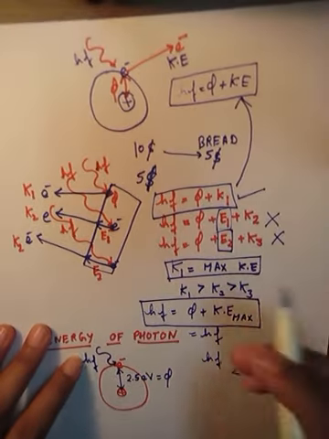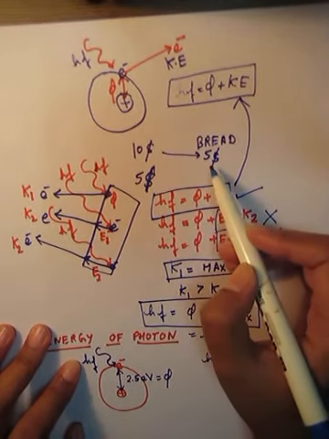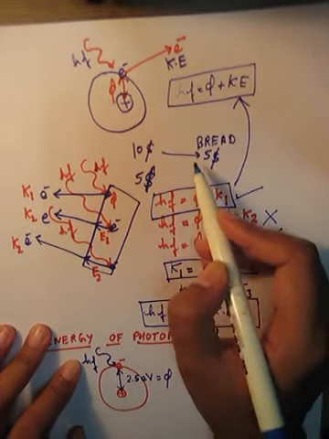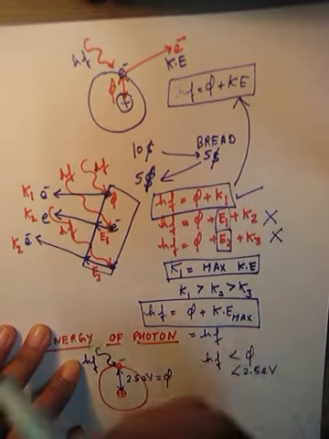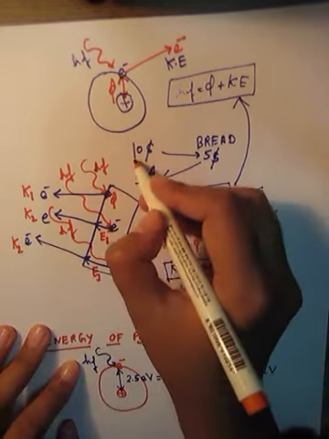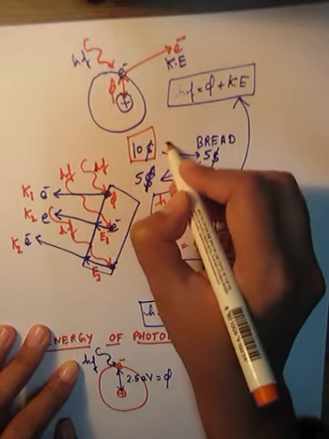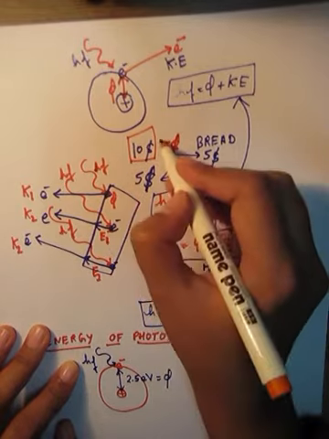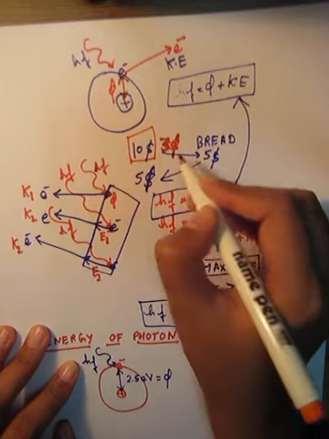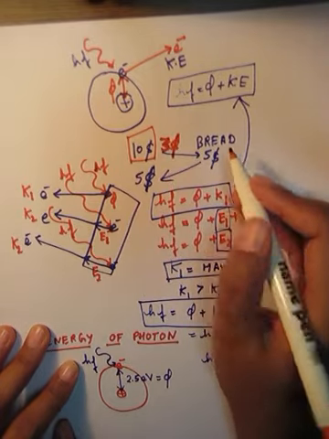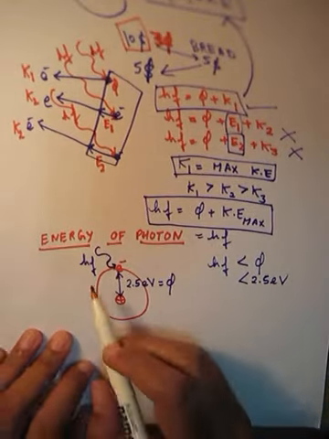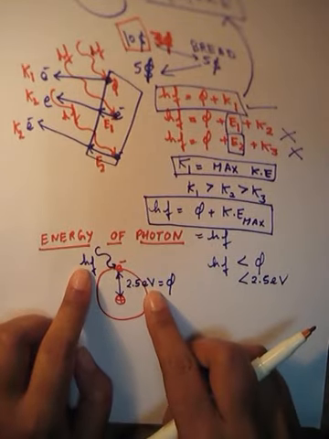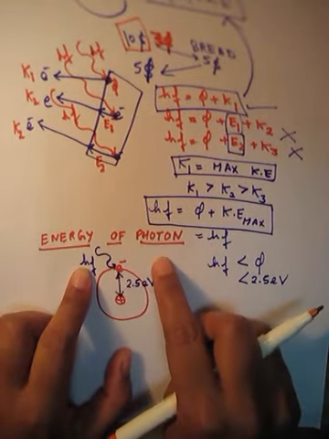Just like the case we said that if we have $10 and we buy bread for $5, $5 is left. But now instead of initially this energy, which is hf, let's say we only have $3, then we cannot buy bread. In a similar manner, if this energy is less than the work function, the electron will not come out.